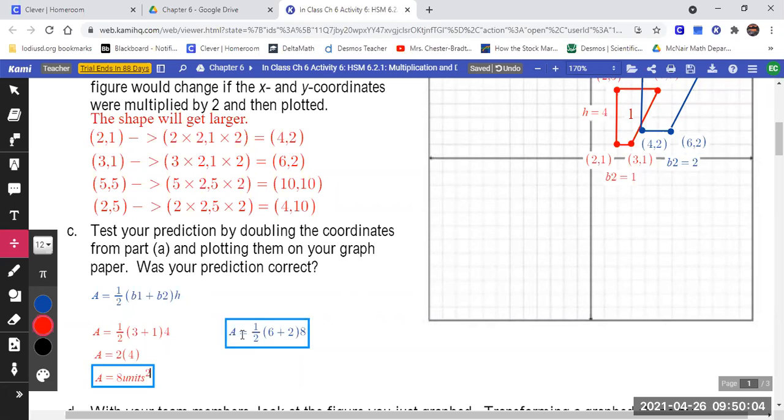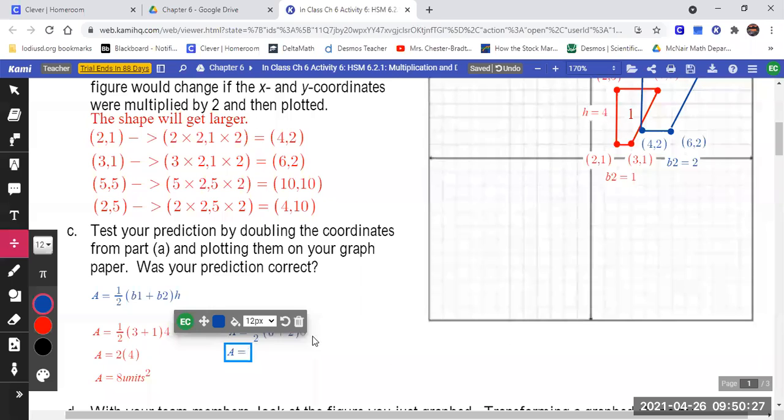So we're going to repeat the process for the blue. Can the outside number be divided by 2? Can my height, 8, be divided by 2? Yes. What do we get? 4.